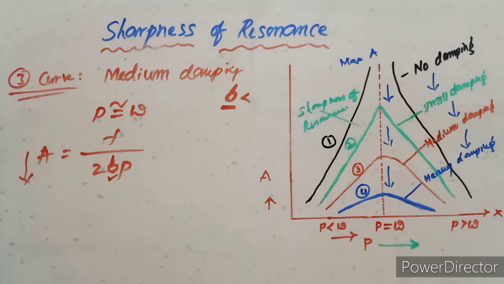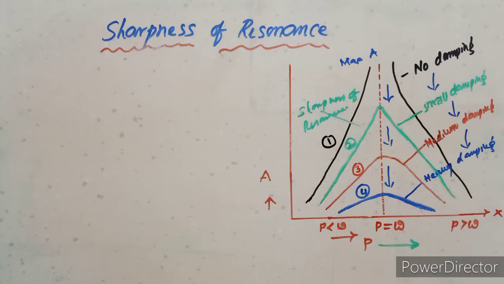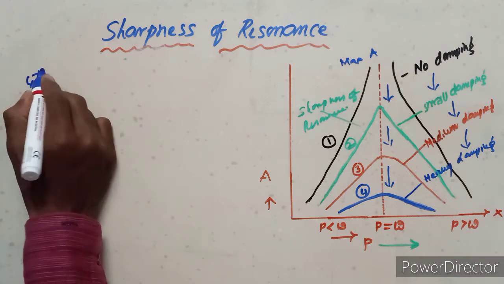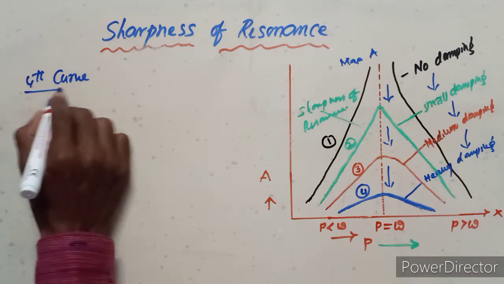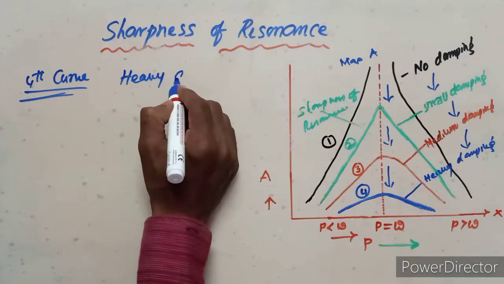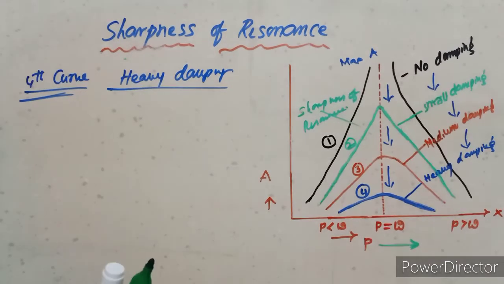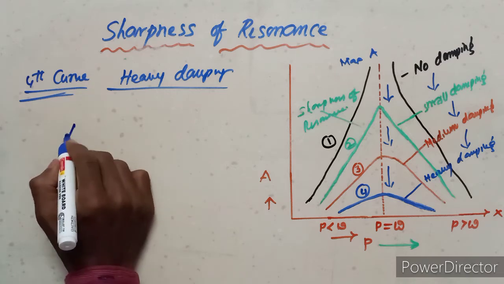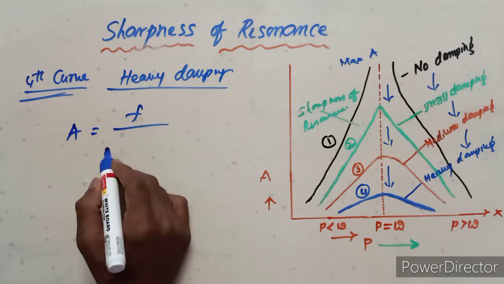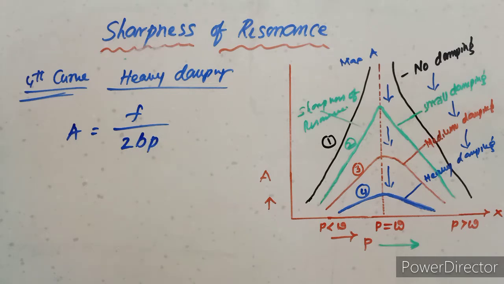In the fourth curve, heavy damping, the amplitude is again A equals F upon 2bp.